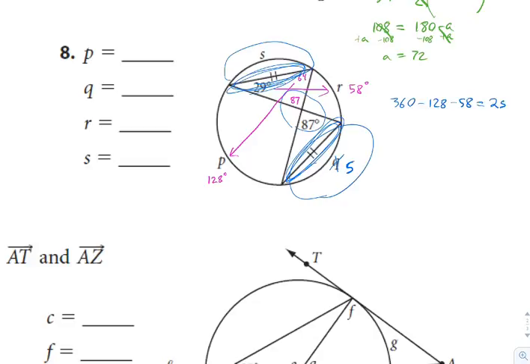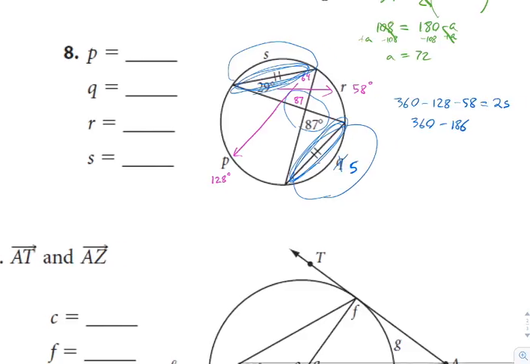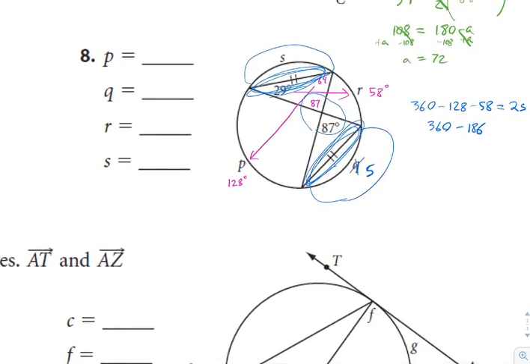So we get that that's 360 minus 186. Okay, so taking that away, we get 174, I believe. Yeah, okay, equals 2S.